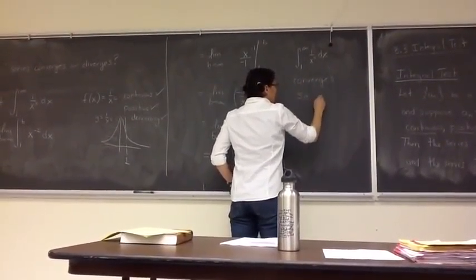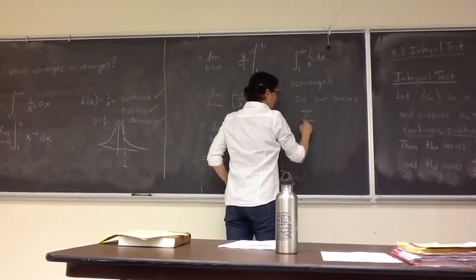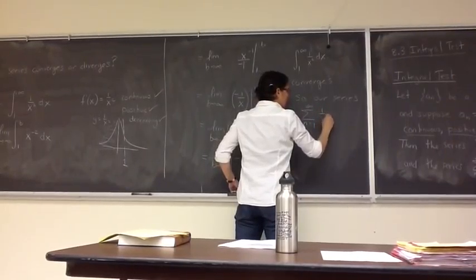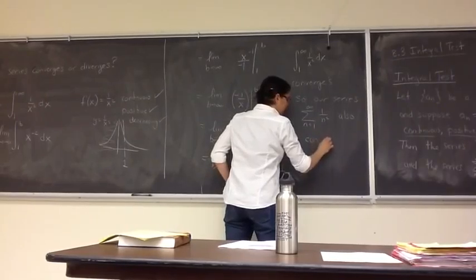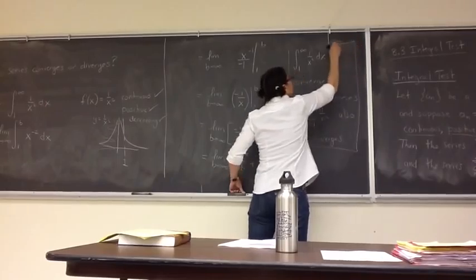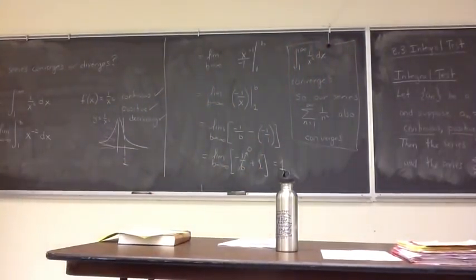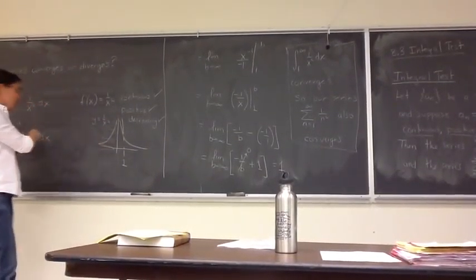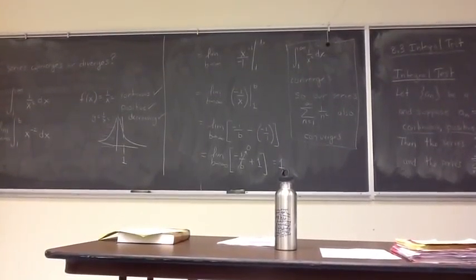So, our series, the sum where n goes from 1 up to infinity of 1 over n squared also converges. Alright, so we did all this calculus work to figure out that our series converges.